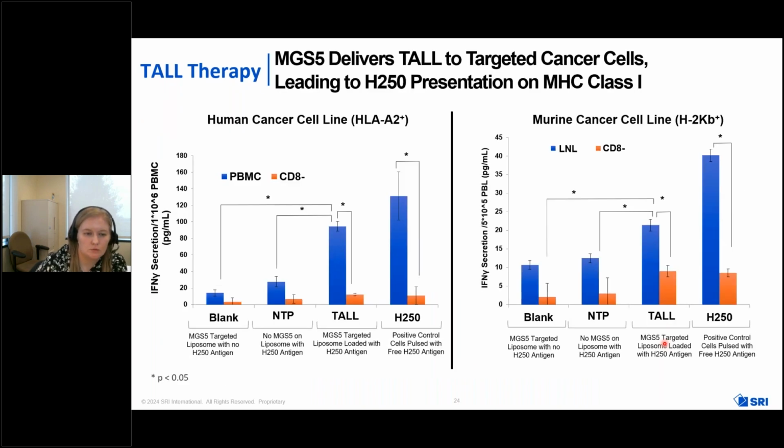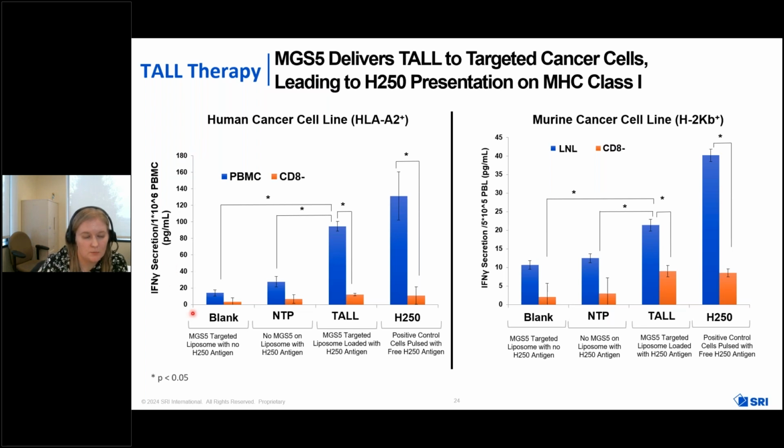Additionally, we wanted to look at whether MGS5 is able to deliver TAL, leading to H250 presentation on MHC class 1. So we utilized an interferon gamma secretion assay. On the left, I've highlighted that we're using a human non-small cell lung cancer line that is HLA-A2 positive, and then utilizing PBMCs from measles-vaccinated patients.